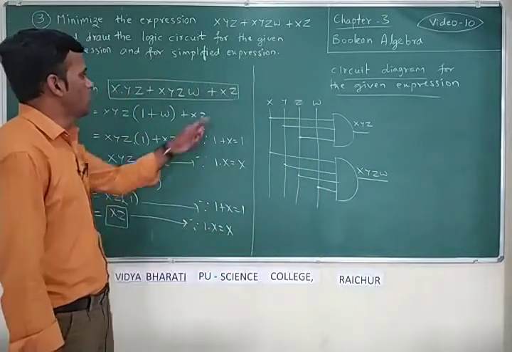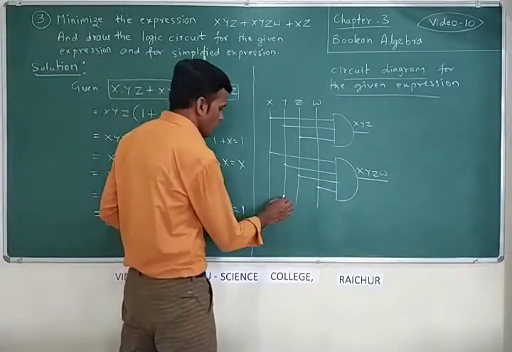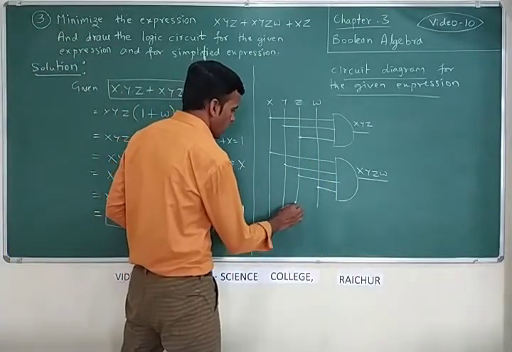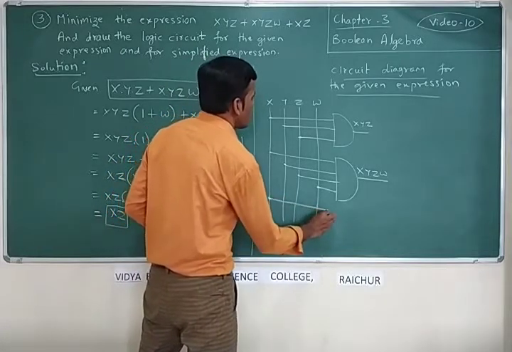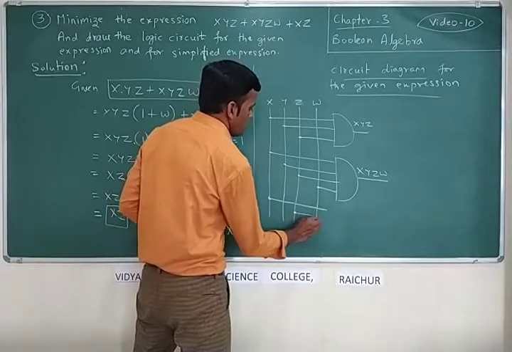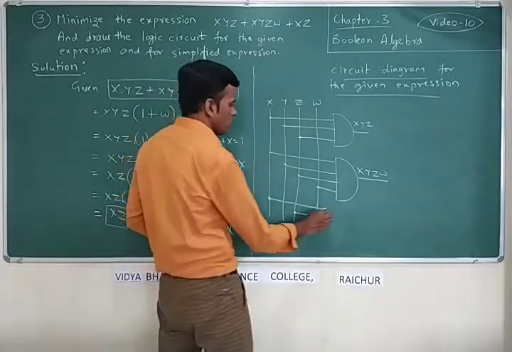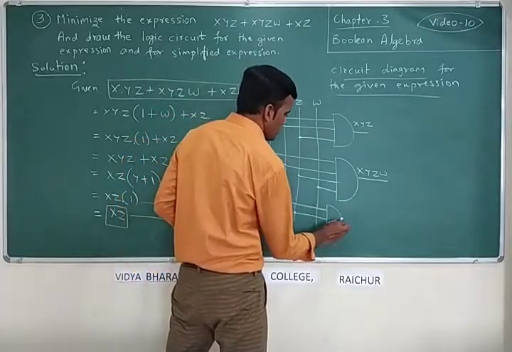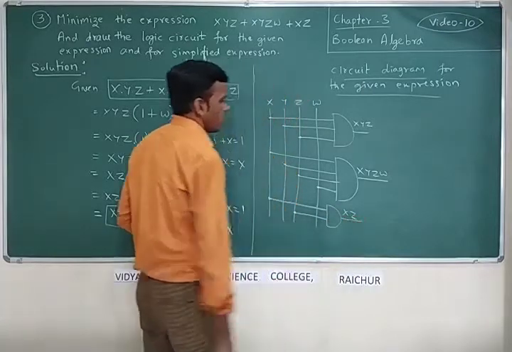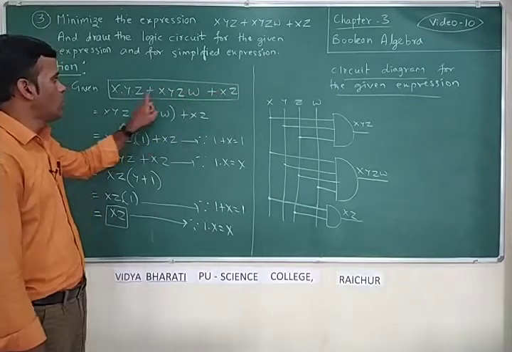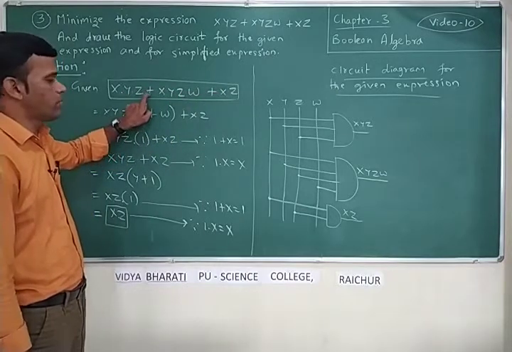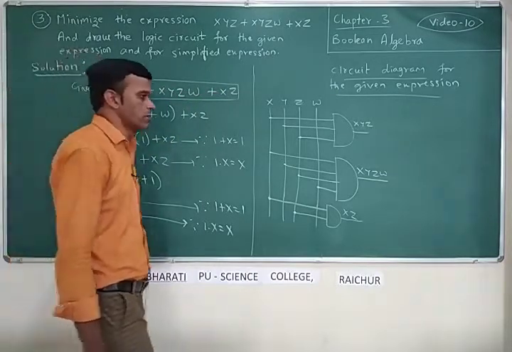Still we have one more term, that is X Z. So it's a 2 input AND gate, with X as well as Z. Now all these 3 terms are ORed, meaning the plus, the logical OR operation.